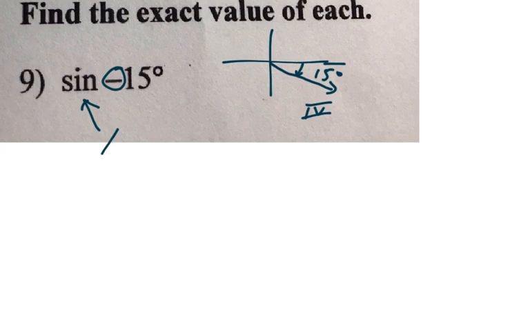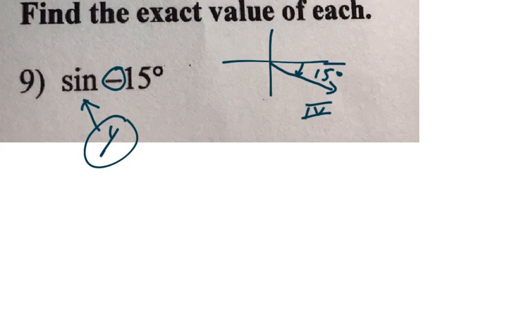Okay, next one. Now we have the sine of -15 degrees. So if we were to do a quick sketch, -15 degrees means we rotate 15 degrees clockwise, and so we're in quadrant 4 here. Hopefully you'll remember that sine is our y coordinate.